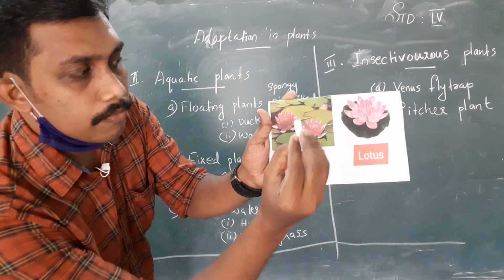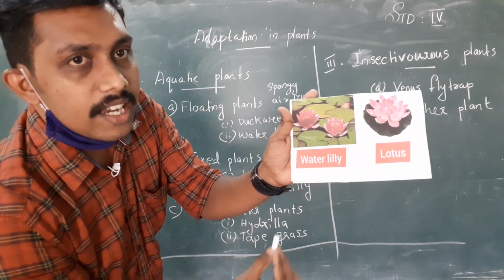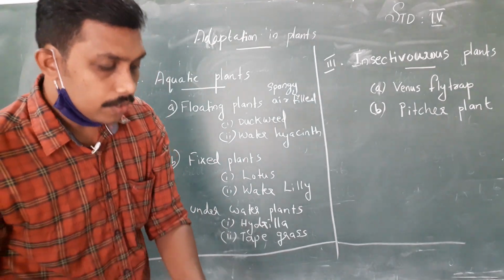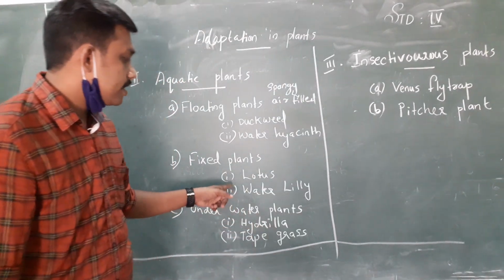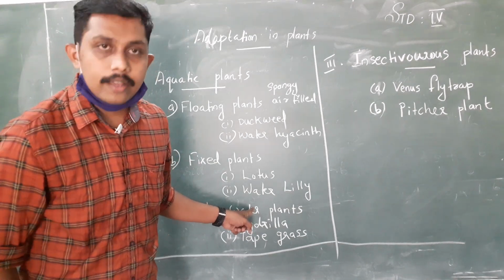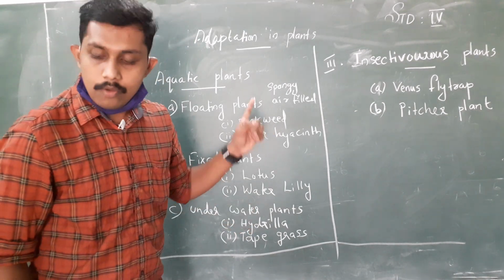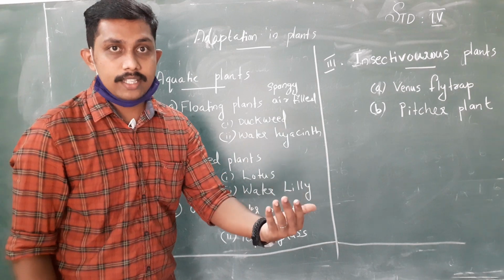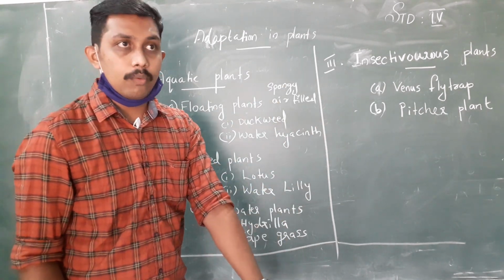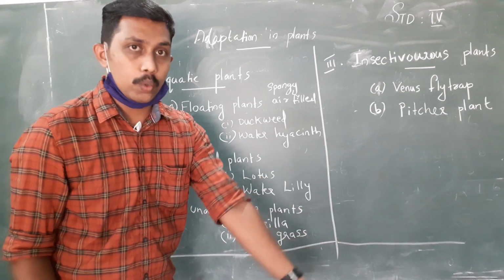This flower and this leaf float on the surface. So these are the examples for fixed plants, lotus and water lily. Once again, what are fixed plants? Fixed plants such as lotus and water lily are fixed to the bottom of the water with the help of roots.